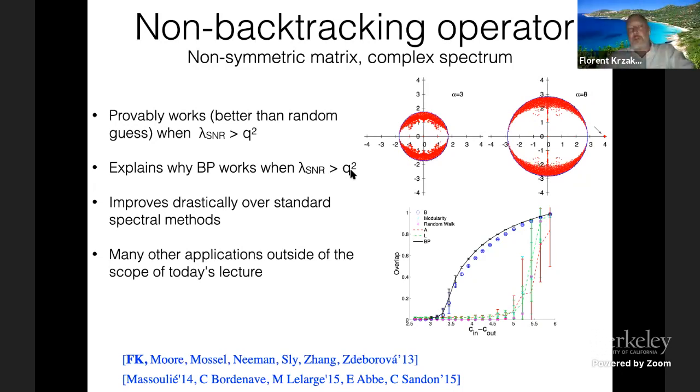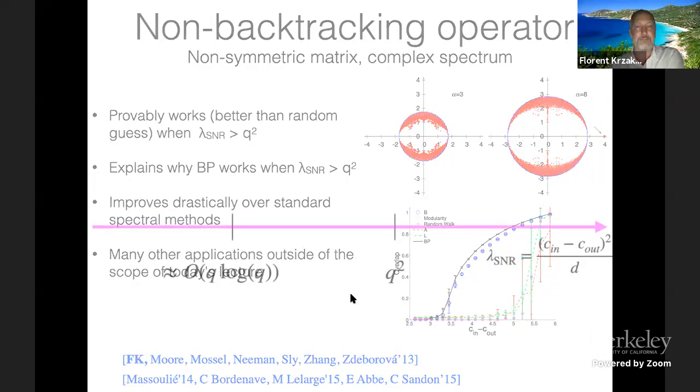So of course, if this doesn't work, BP will never work. And it has a lot of interest in itself, actually. It's improved drastically over the standard spectral method, and there are many other applications for this thing that go beyond what I'm discussing today, and that will be the subject of another story. But at least now we understand what is going on.